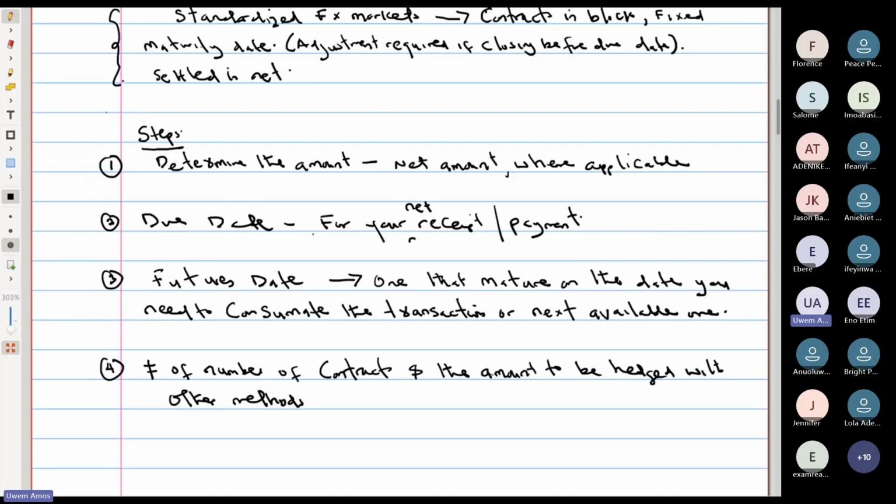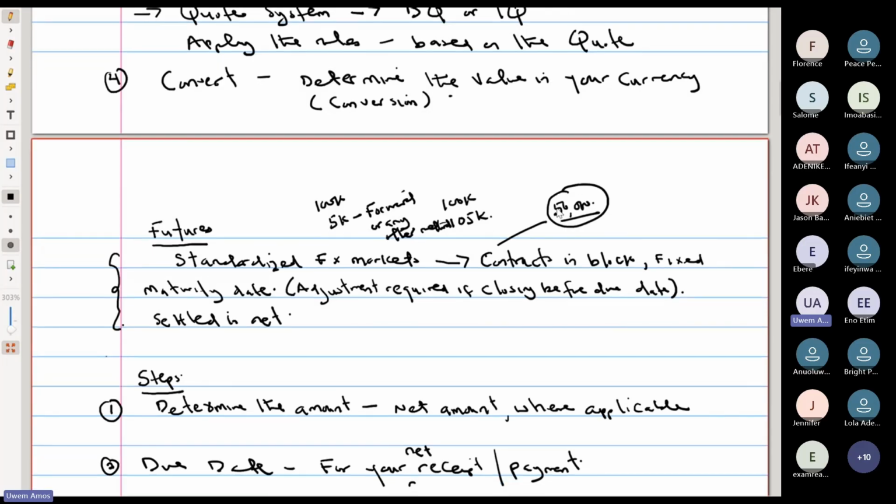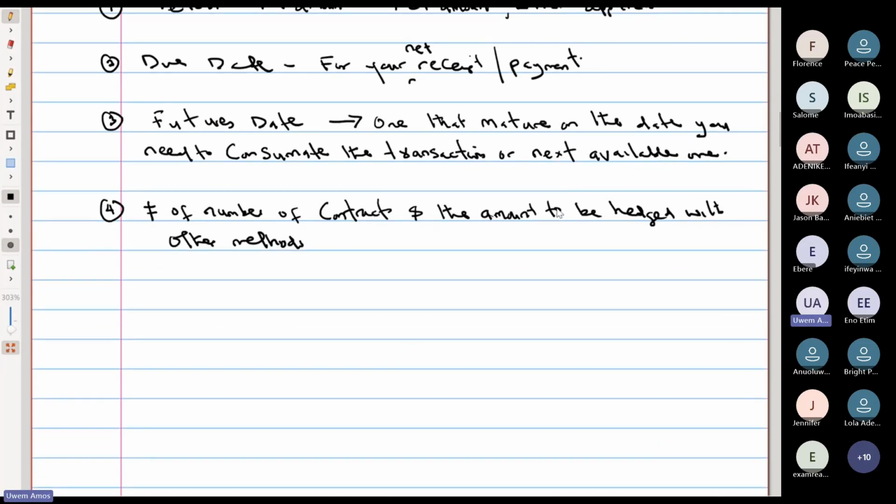What I mean by that is, coming back to my example, if we wanted to protect ourselves against adverse movement in 105K, now futures is in blocks of 50K. So we can only buy 2 blocks, because 2 blocks gives us 100K. So that is the number of blocks. However, we have 5K that we can't hedge with futures because our futures is in blocks of 50,000. So we need to determine what is that other amount that we cannot hedge with futures, so that we can then hedge it with that other method. So that's our step 4.